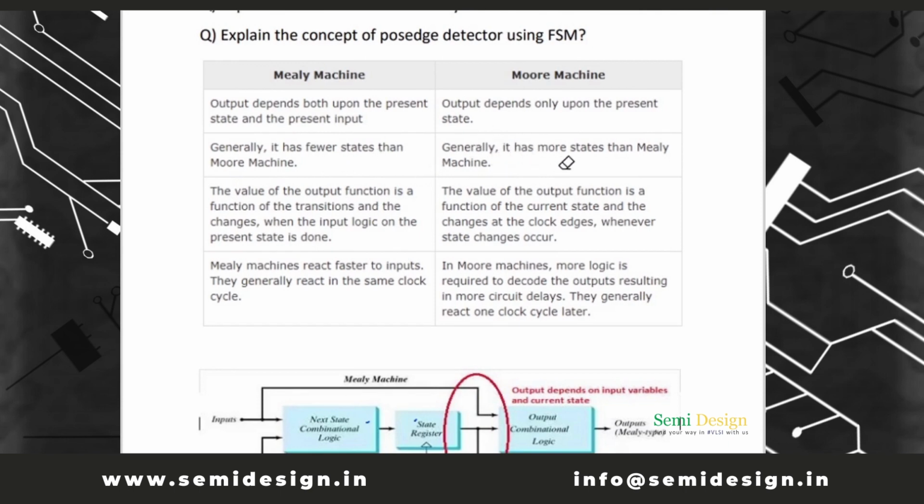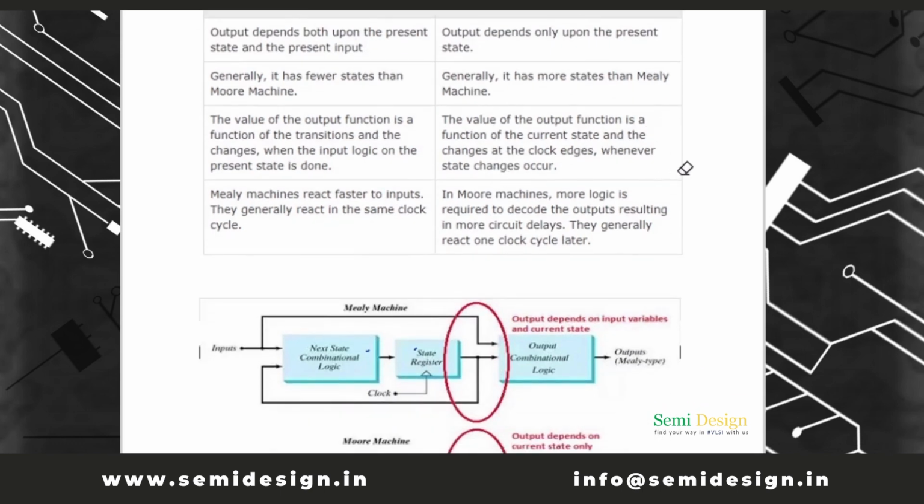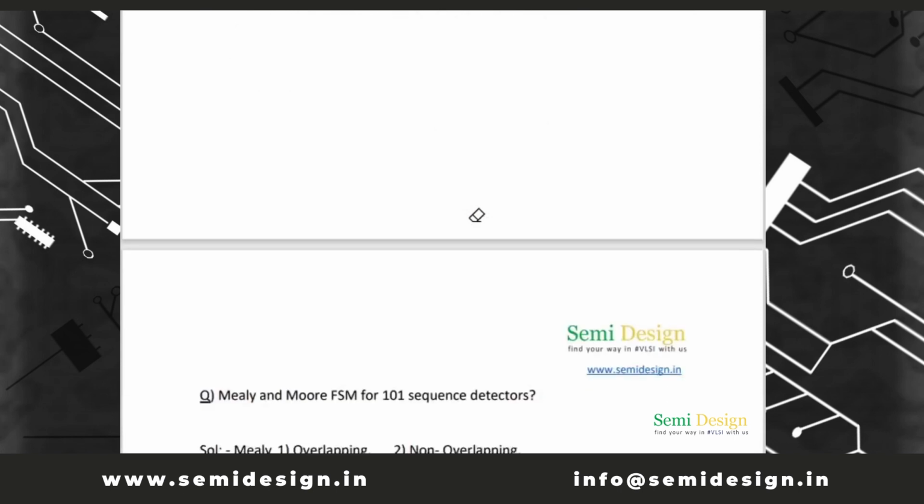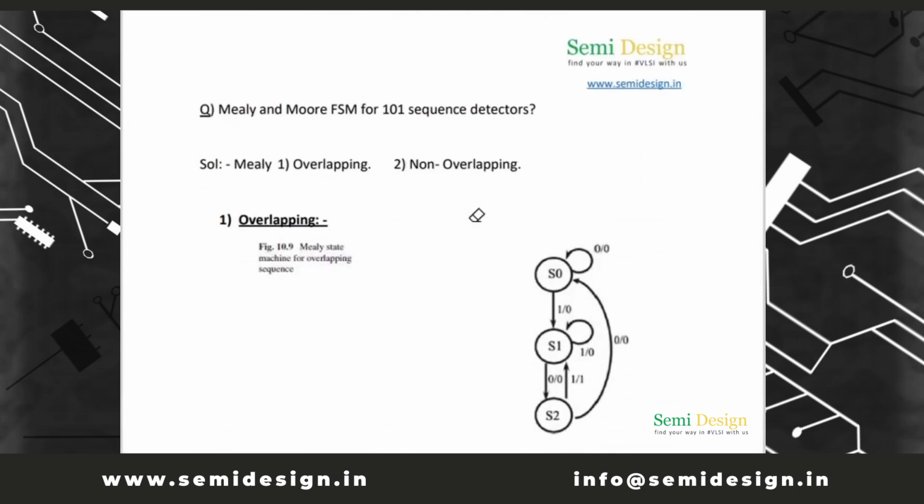Moore FSM requires more states, whereas Mealy FSM requires fewer states than Moore FSM. These are the theoretical points, you can go through them. Now we will see the state diagram representation for the 101 sequence detector.